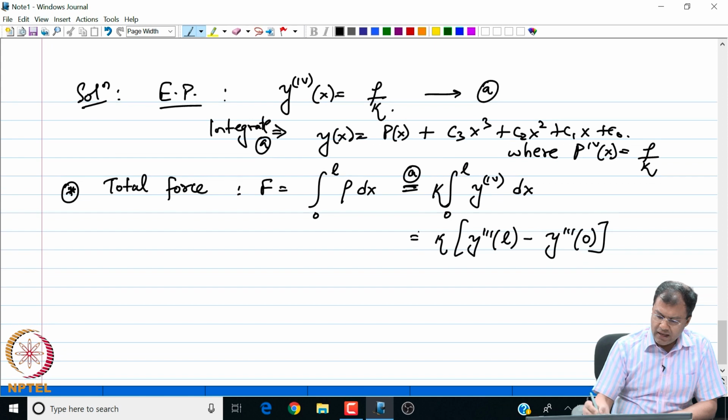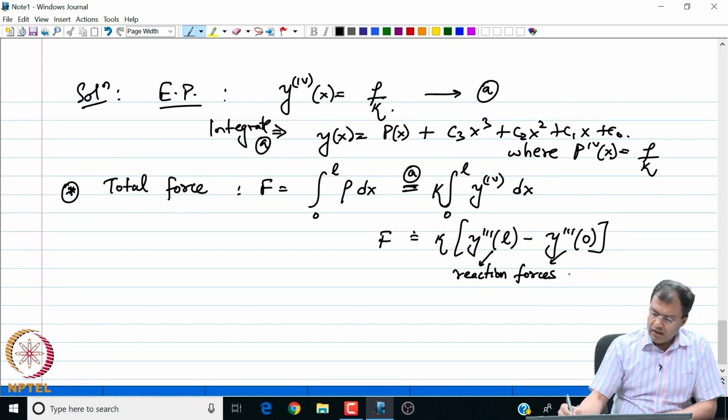So, this is my total force, where these quantities are known as the reaction forces on the beam at x equal to 0 and L. So, at 0 this quantity and at L that quantity.